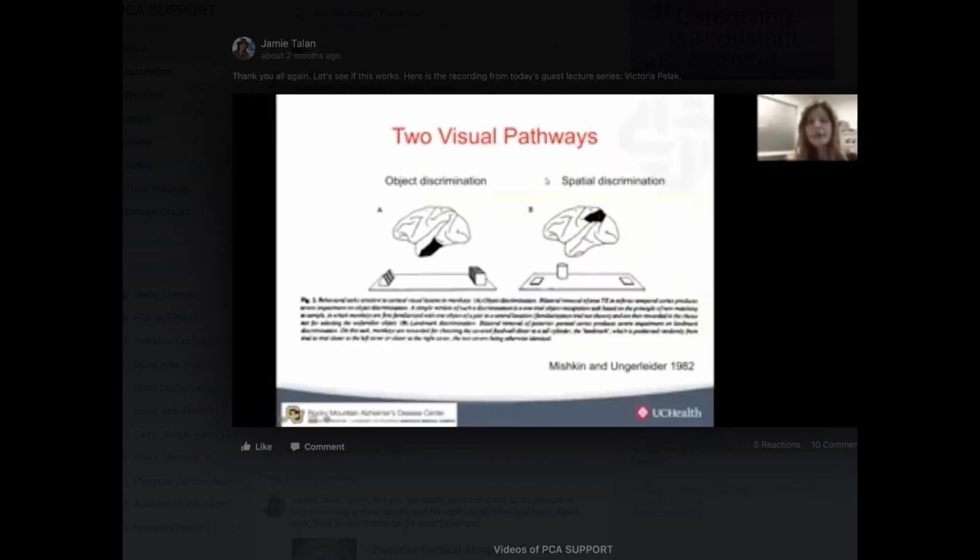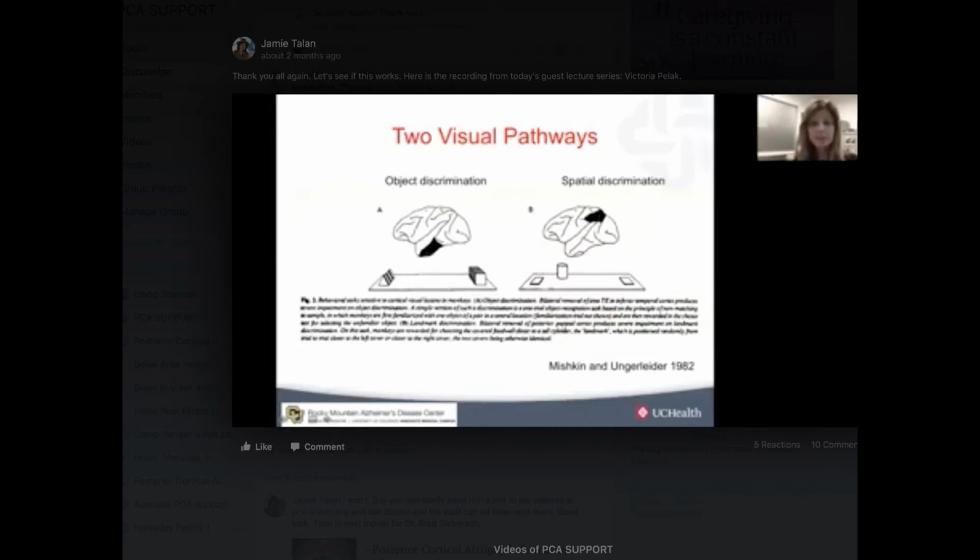So to go back in history a little bit, back in 1982, Mortimer Mishkin and Leslie Ungerleider at the National Institutes of Health discovered these two pathways, or at least helped build upon the information that was already known about these two pathways to really solidify our understanding.